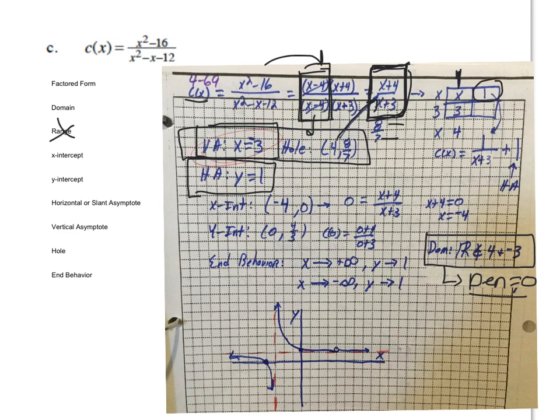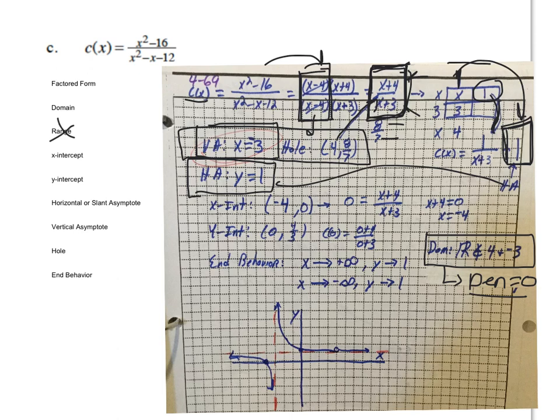I have a remainder left over of 1. So if I write this c of x out, I've taken x plus 4 and divided that by x plus 3, and x plus 3 goes in there one time, that's this one right here, and the remainder is 1 over x plus 3. The number of times the denominator goes into the numerator is your horizontal asymptote. That's just another way to look at that most influential term piece.